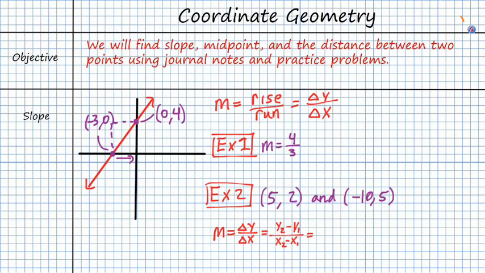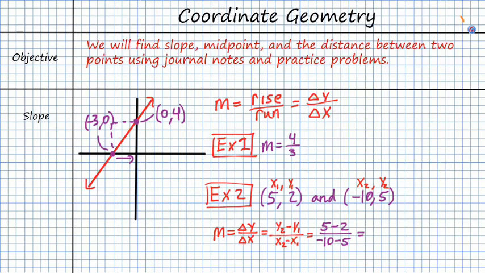So in this case, if we call this x1, y1, and x2, y2, then we'll plug it into the formula, and we'll see we have y2, or 5, minus y1, which is 2, over x2, which is negative 10, minus 5, which is x1.